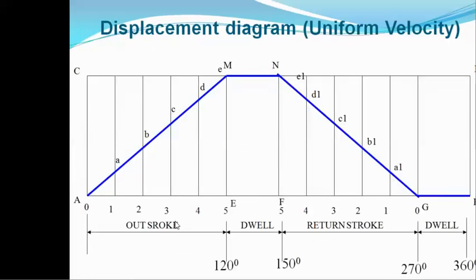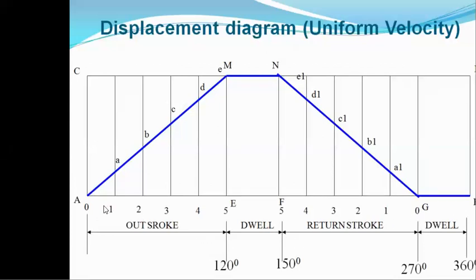And here, AB is equal to 360 degrees and AE is equal to outstroke and EF is equal to the dwell period, FG is equal to return stroke, and the remaining part, 90 degrees, is the dwell period.